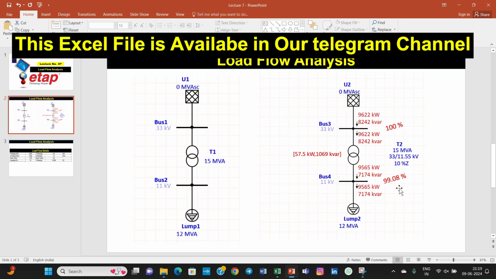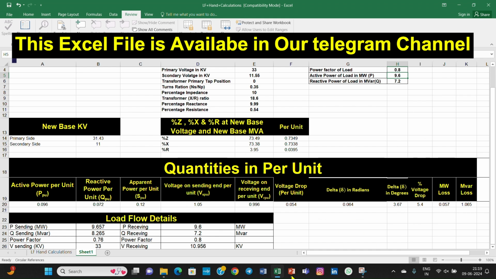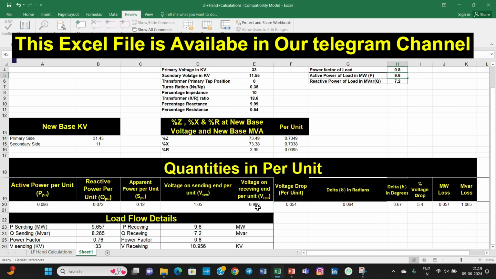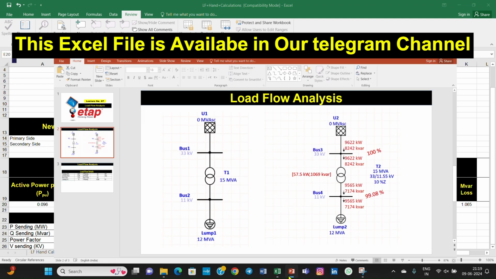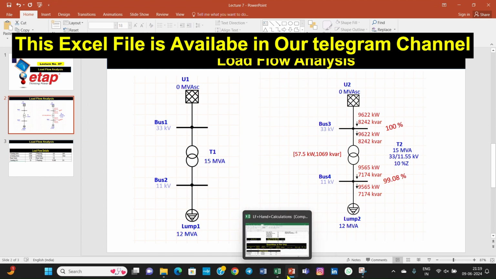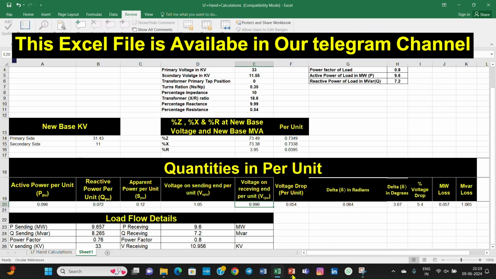You can see the receiving end voltage is 99% of this voltage, that is around 10.99. Here it is 99.006, and the same here is 99.008. There are little differences, which come from the rounding off.